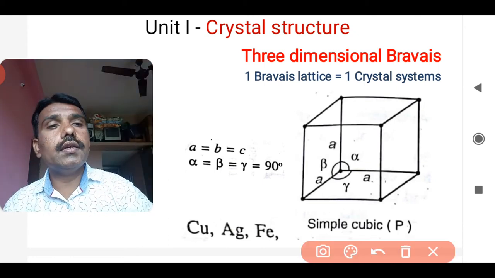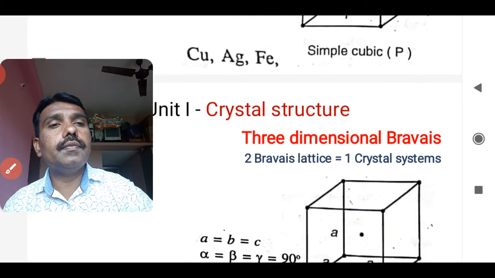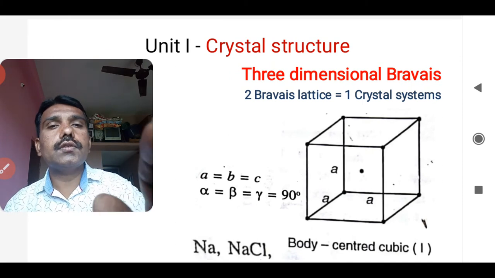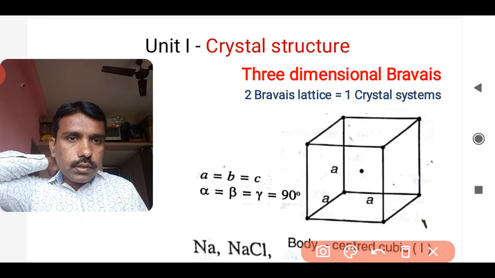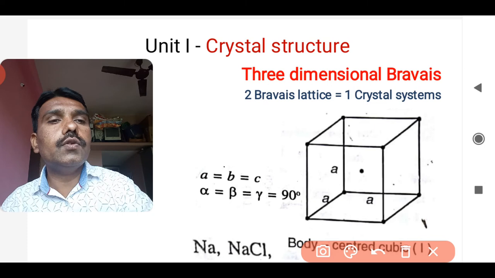Again, if you look at the next part, that is the second Bravais lattice, it is likewise. Here, as you can see, the three vectors a, b, c are of equal length, so it is written as a in the same way.